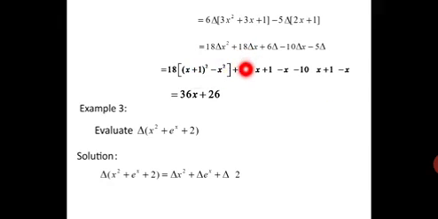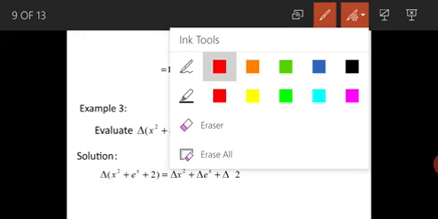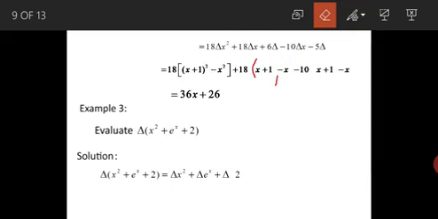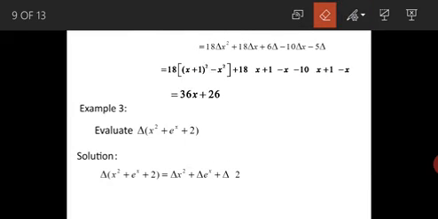Similarly, 18 delta of x means, here I have to write the bracket. So it is 18 times, there should be a bracket here, right?